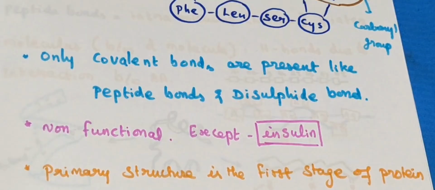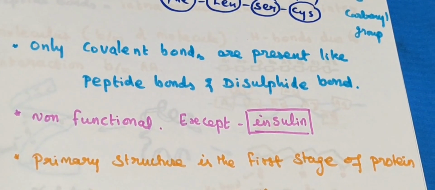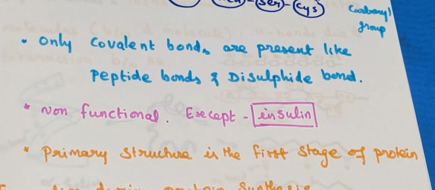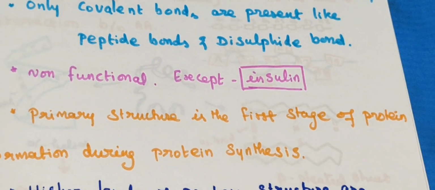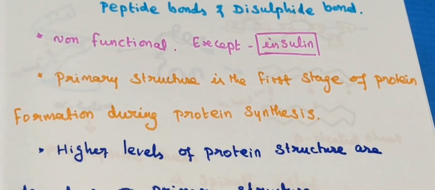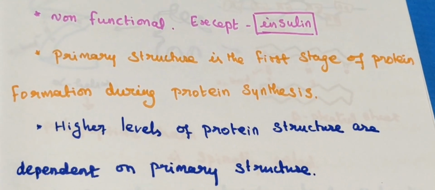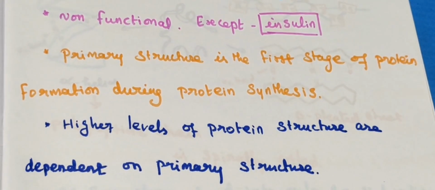Normally all primary structures of proteins are non-functional except insulin. Insulin has a functional group. Primary structure is the first stage of protein formation during protein synthesis. Higher levels of protein structure are dependent on the primary structure.